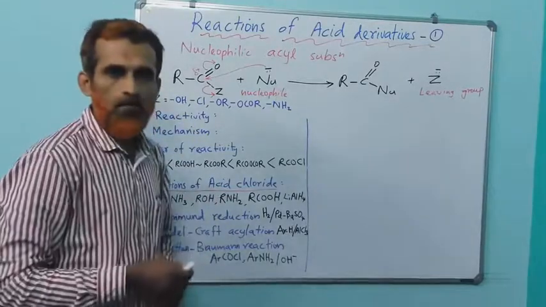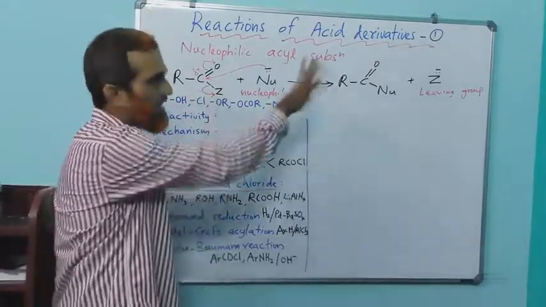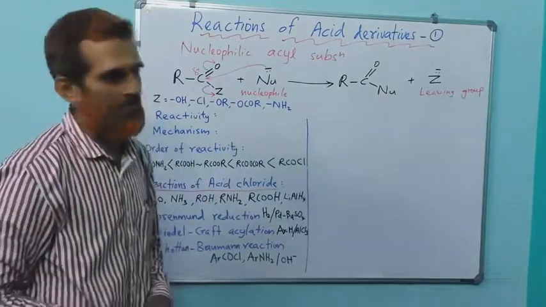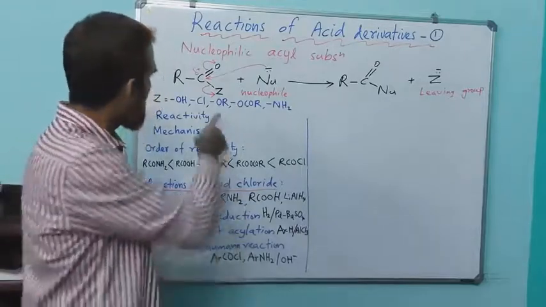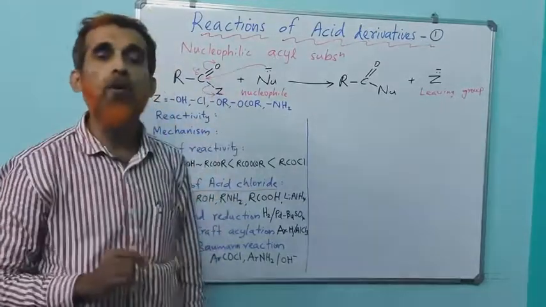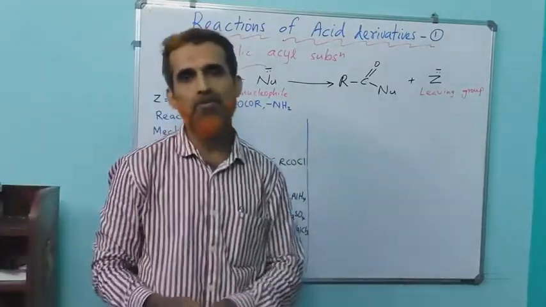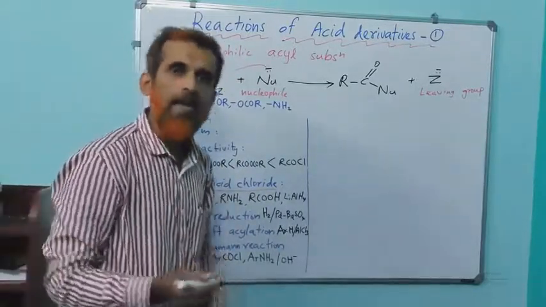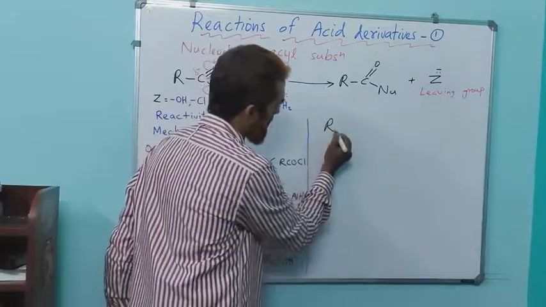Now we look at various aspects of this reaction. Number one, the origin of reactivity. See, acid derivatives are found to be more reactive towards nucleophilic substitution than alkyl halides. That's a valid point.